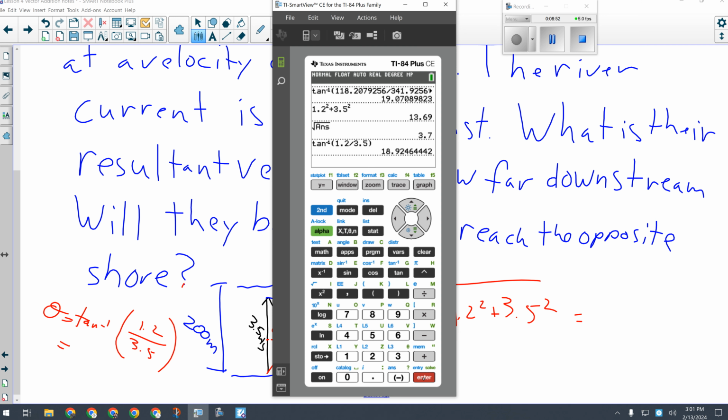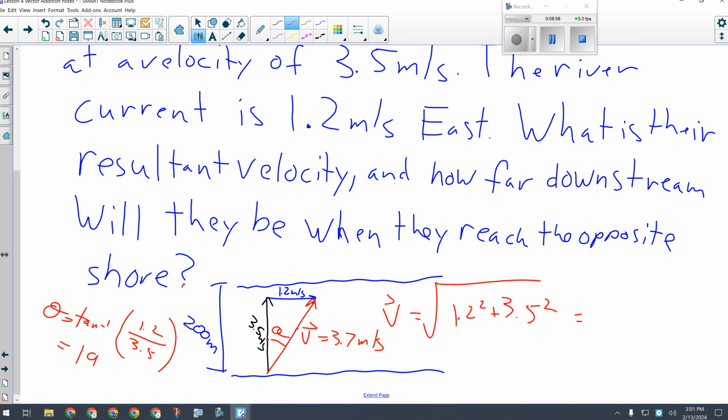So 19 degrees, and that is going to be east of north. So what the person ends up doing is moving at 19 degrees east of north at 3.7 meters per second.